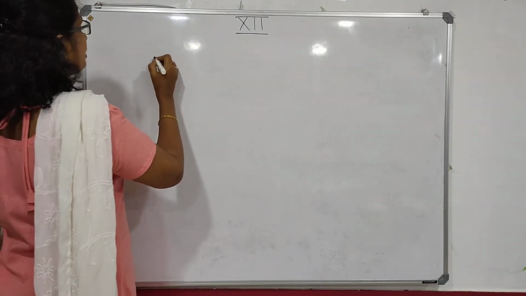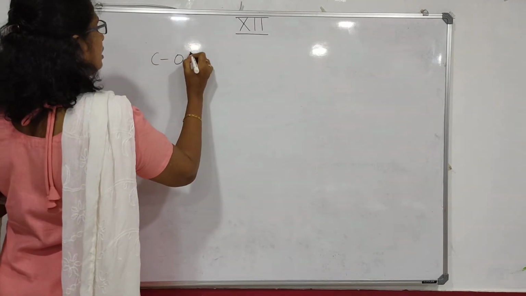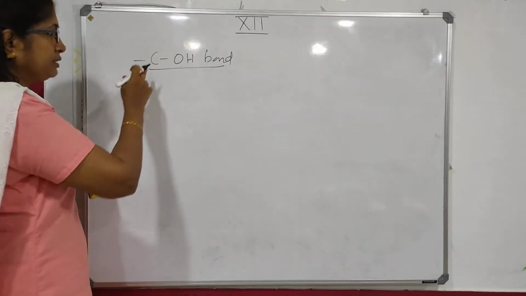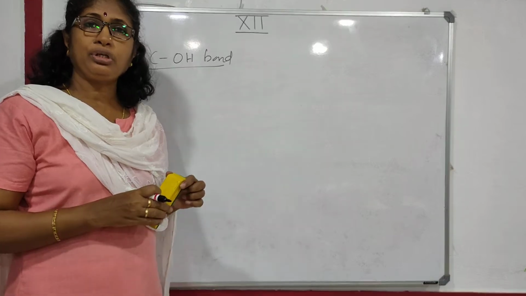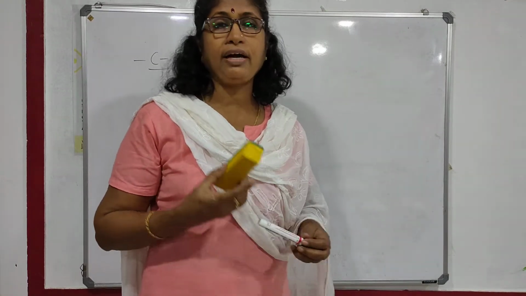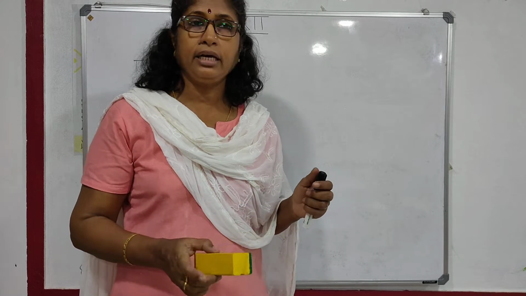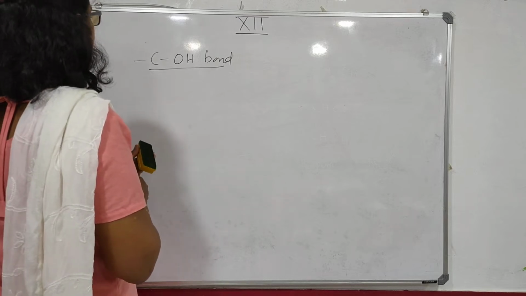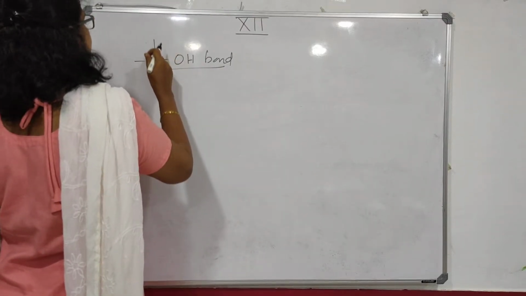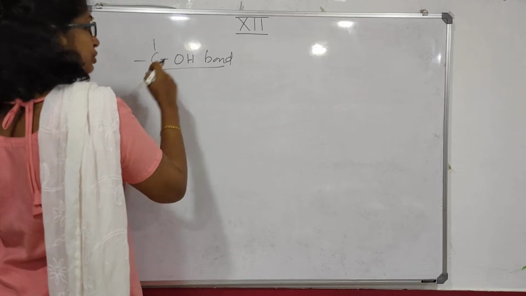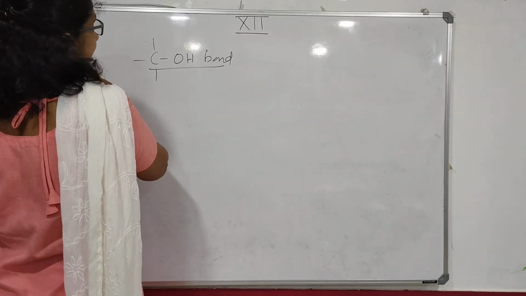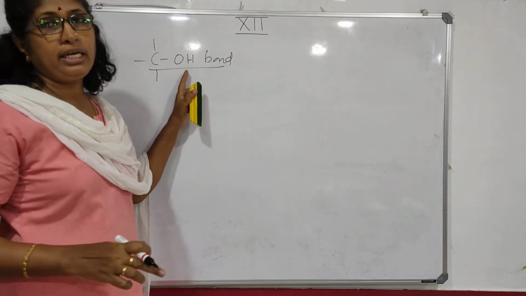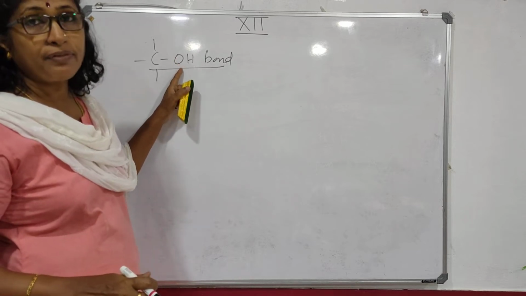Now the nature of the carbon-oxygen bond in alcohol. In an usual aliphatic alcohol, the carbon atom is sp3 hybridized and four sp3 hybrid orbitals will be there. Out of the four sp3 hybrid orbitals, two will be attached to two different hydrogen atoms, one will be attached to the next carbon atom or hydrogen atom, and the other one is attached to the unhybridized p orbital of the oxygen.